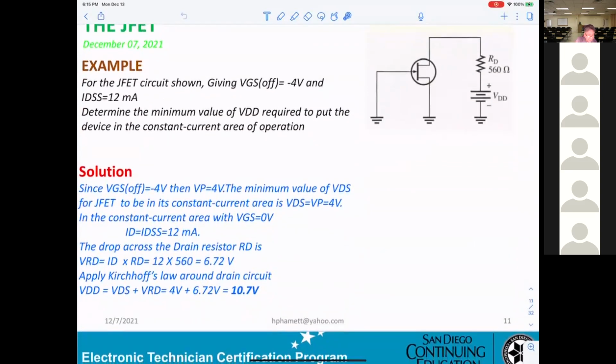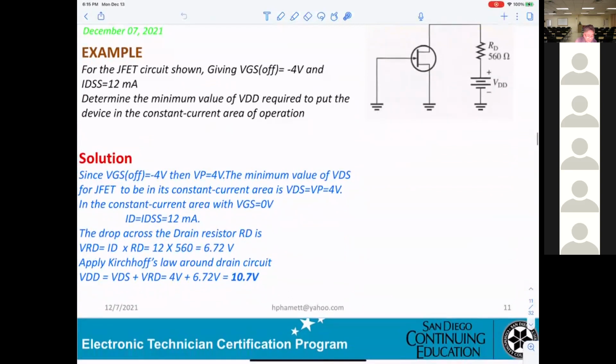Okay, example. For the JFET circuit shown, they give VGS off equal -4 volt and IDSS equal 12 milliamp. They say determine the minimum value of VDD required to put the device in the constant current area of operation.